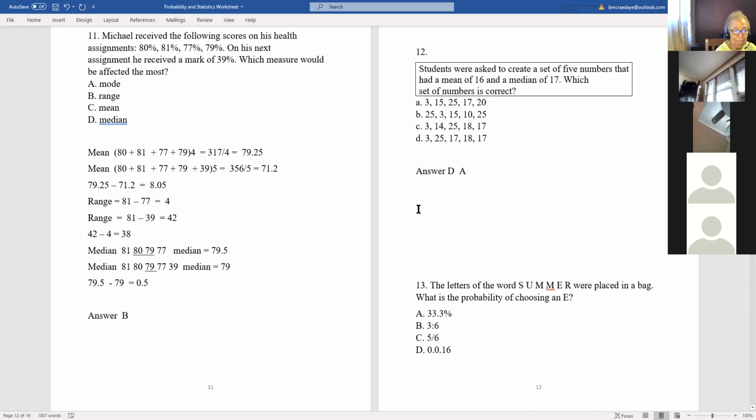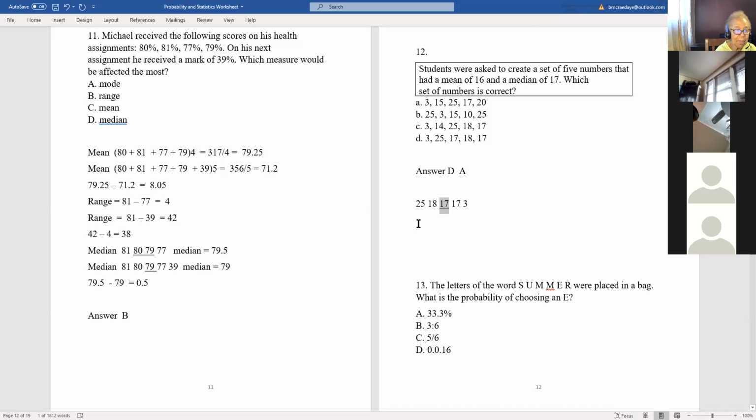Okay, if you put this one in order, you'd have what? 25, 18, 17, 15, 17 again, 3, and then you'll have 3. Which one is in the middle? 17. That's in the middle. That's the median. Okay.